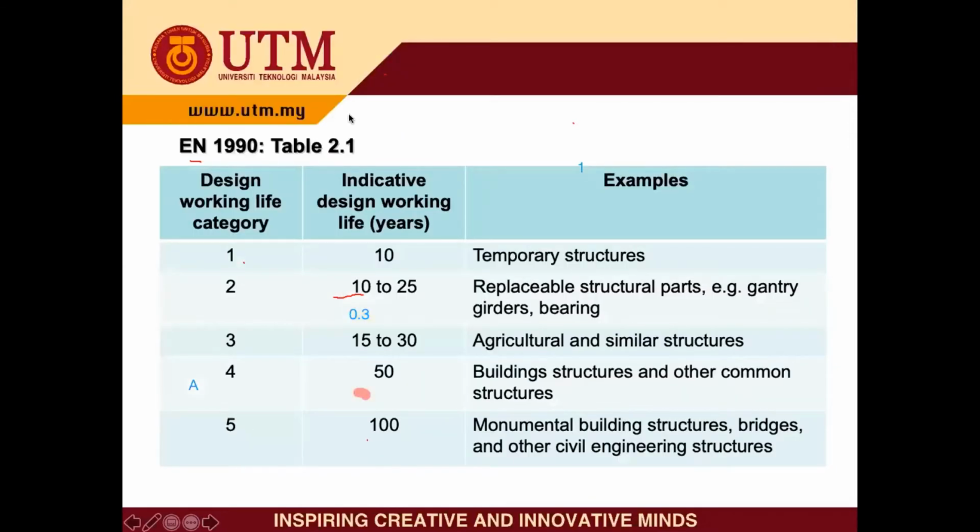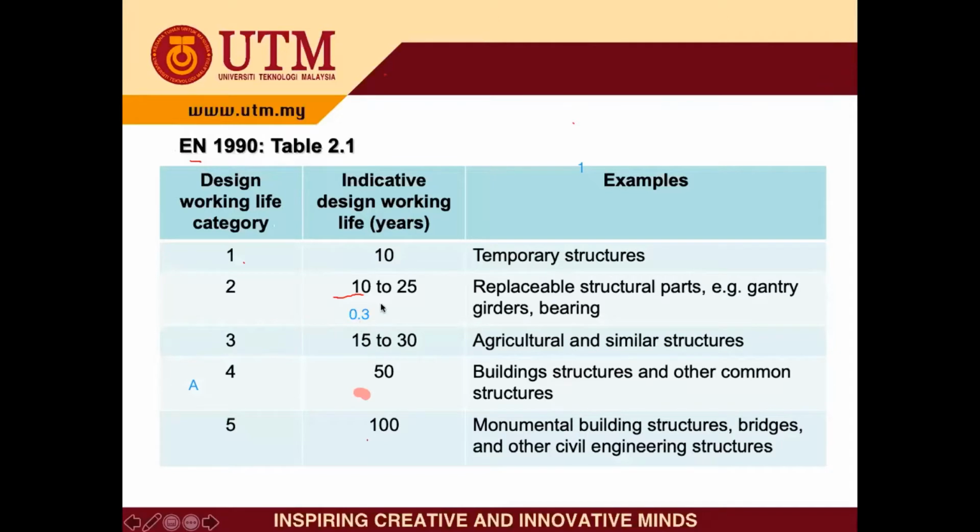Before we start design, look at the table 2.1 here. It can be obtained in your book and also in Eurocode. In order to design, the design working life will be determined depending on the use of the building.